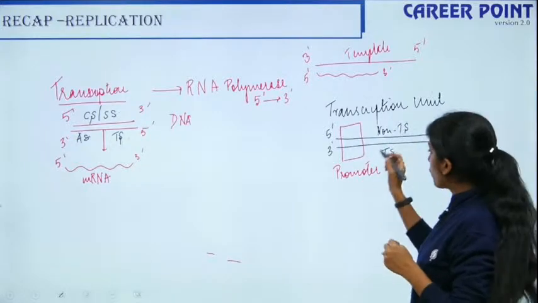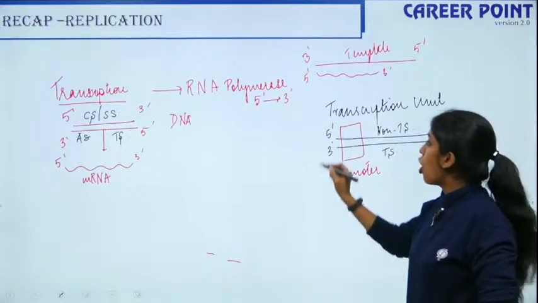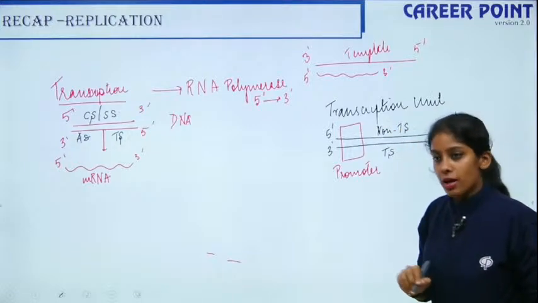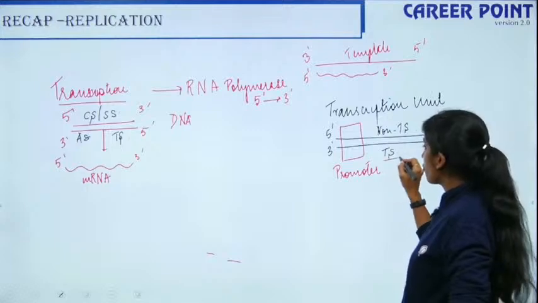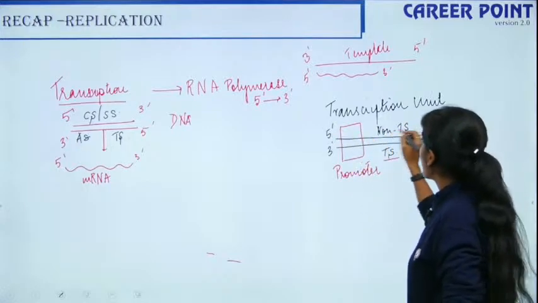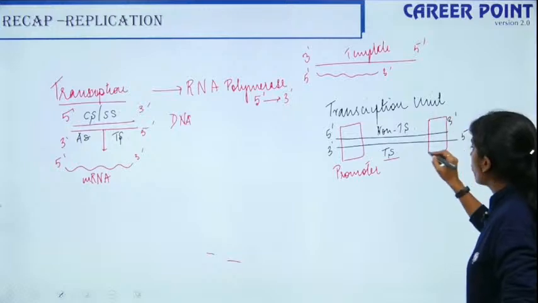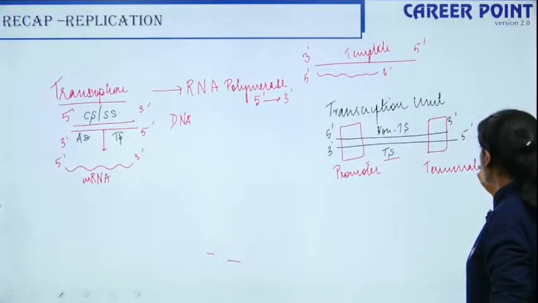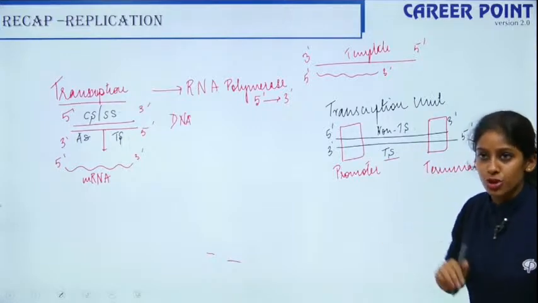So the promoter is towards the 3' end of your template strand or towards the 5' end of your non-template strand. And towards the end you have what is known as a terminator. Terminator is the one which stops or terminates the process of transcription.